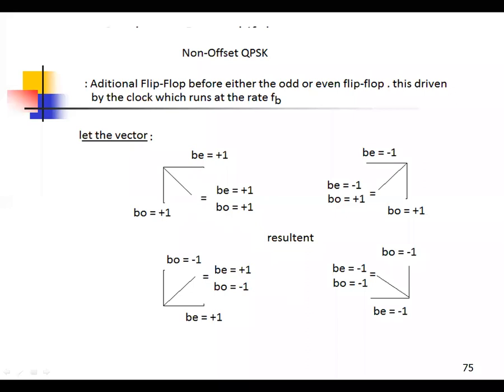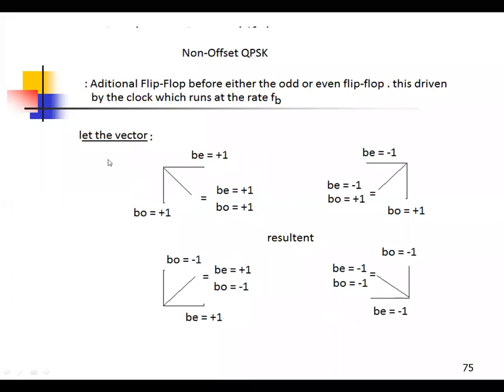Within the bits, the 90 degree phase angle again takes place. That's why one more flip-flop is added before the odd or even flip-flop. That flip-flop produces the 90 degree phase difference, so within the bits, again a 90 degree phase difference takes place. So this is the vector representation of the non-offset QPSK.